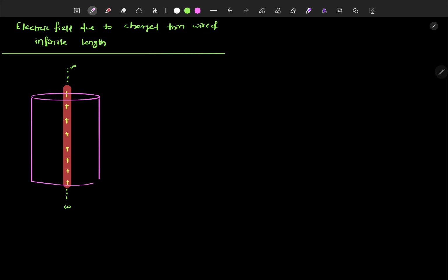And let the length of this cylinder be L, and the charge enclosed within the cylindrical Gaussian surface be Q. L and R are the length and radius of the coaxial cylindrical Gaussian surface.